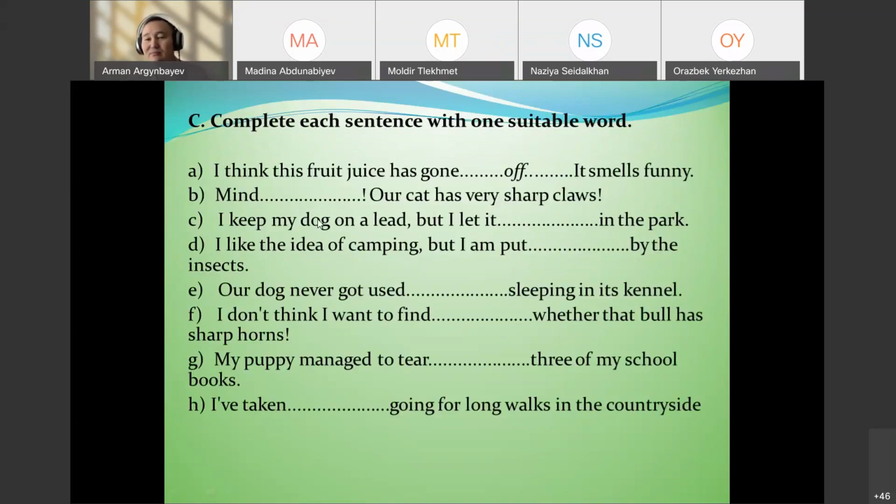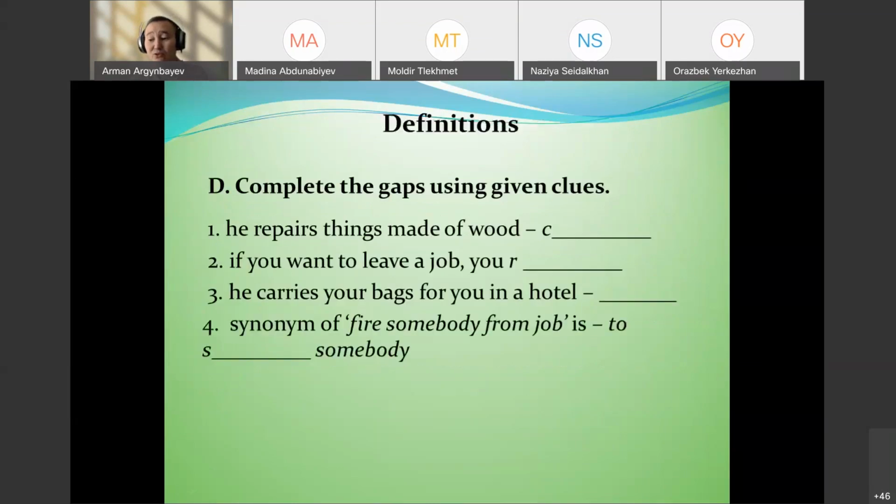Fill in the gaps. Complete each sentence with a single word. Here we have phrasal verbs and the particle. Yeah. Mind out, and so on. So you use one of these techniques as your home assignment.